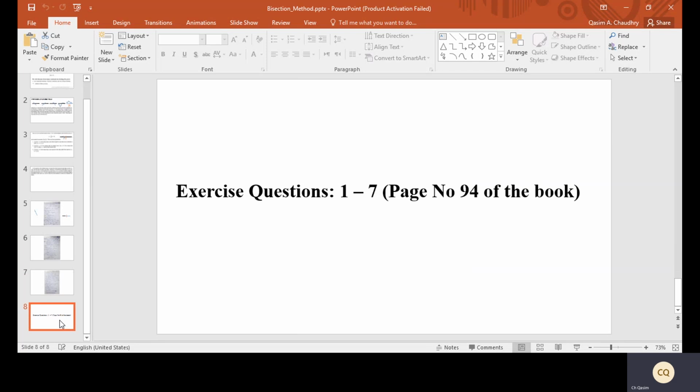I have already informed you about the book, but you can see it on the first page of this slide. Here are the exercise questions 1 to 7, on page number 94 of the book. You need to do these questions. If there is a problem, you can contact me, and the questions can be solved in this way. So hopefully there will be no issue, inshallah.